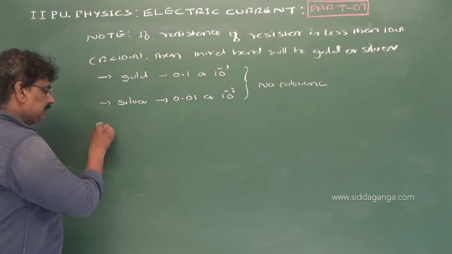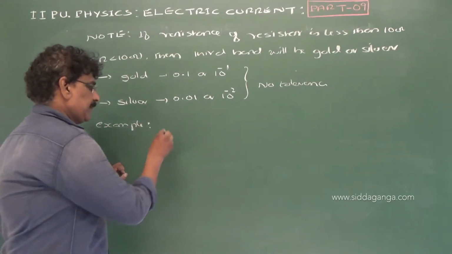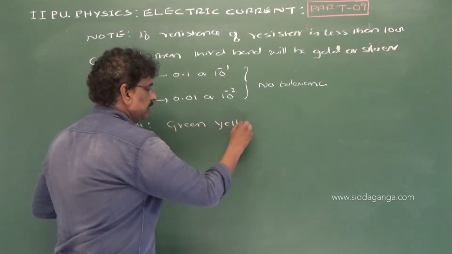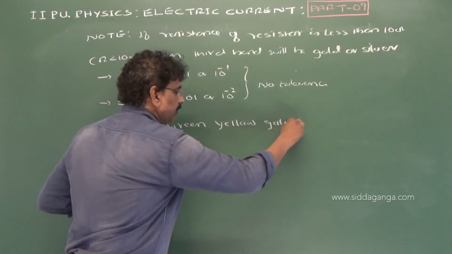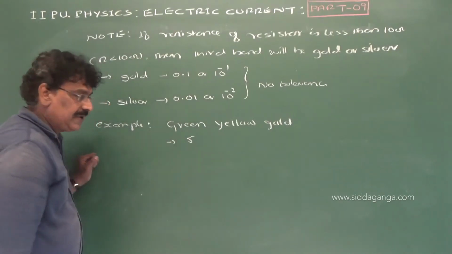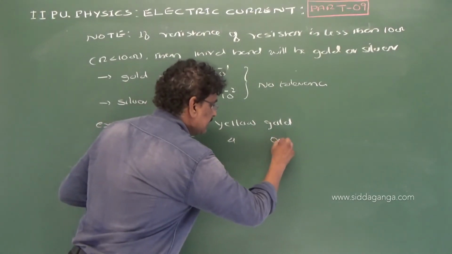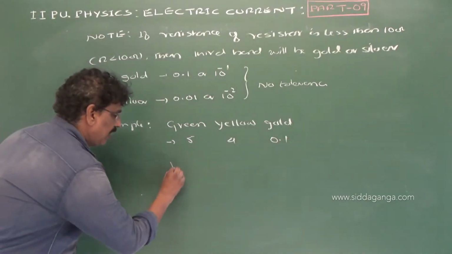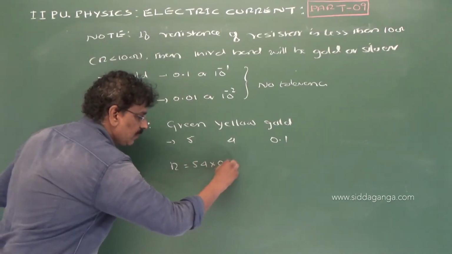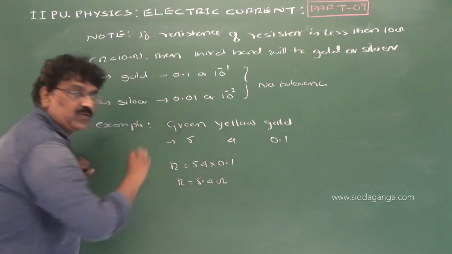Now for example, if we take green, yellow, gold. Green represents 5, yellow represents 4, gold represents 0.1. So R is equal to 5 4 into 0.1, or R is equal to 5.4 ohm, right?